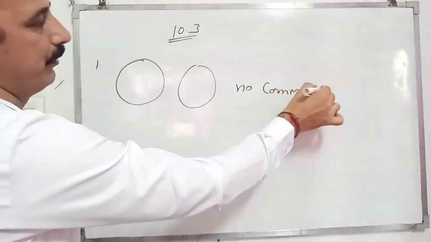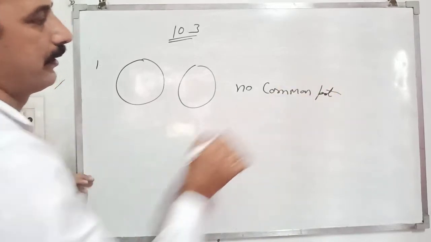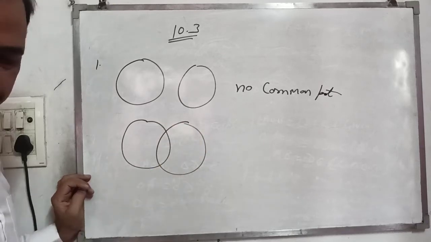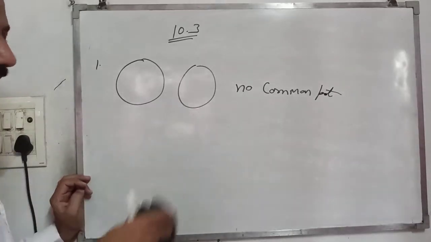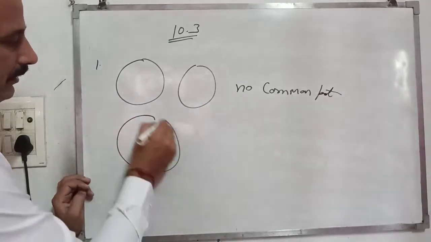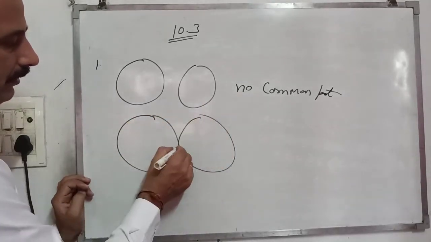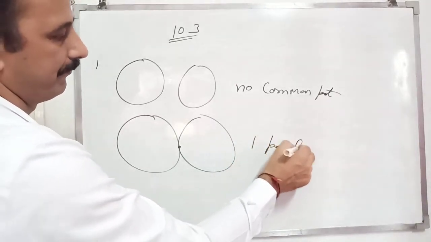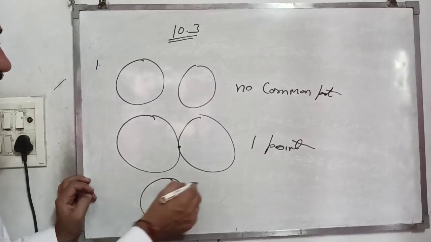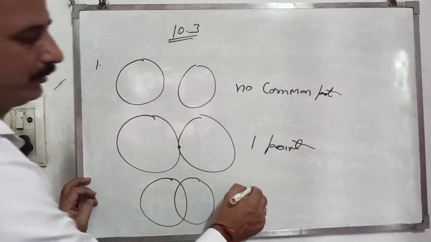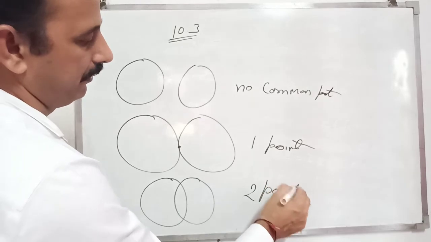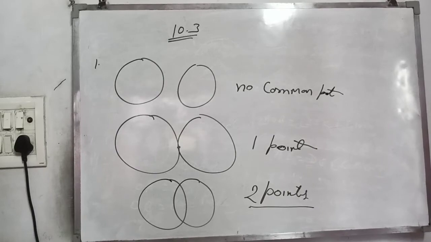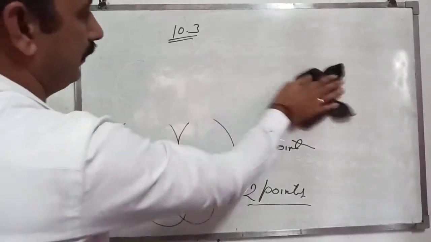Another way, two circles touch at one point, one common point. And another one, they intersect each other, so there are 2 common points. Then we come to question number 3.